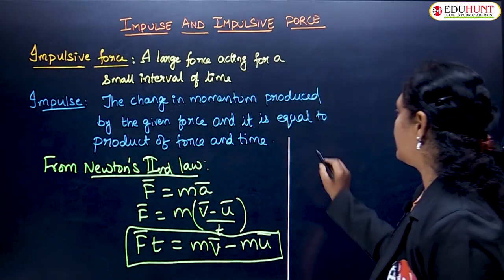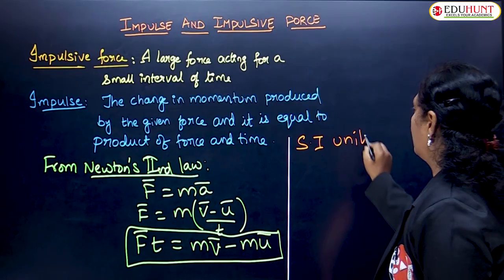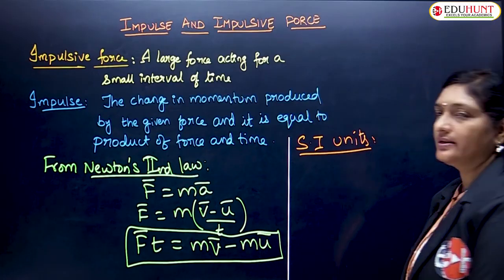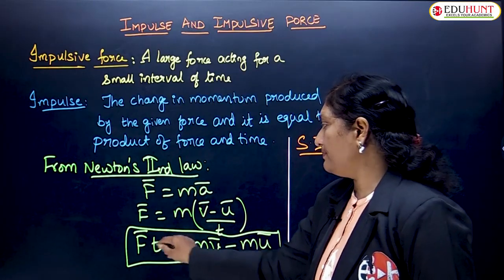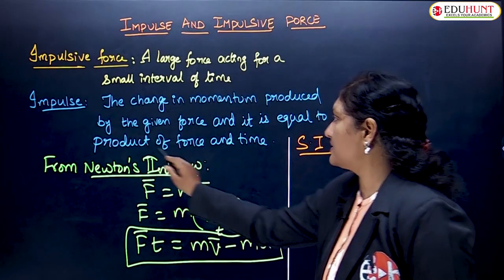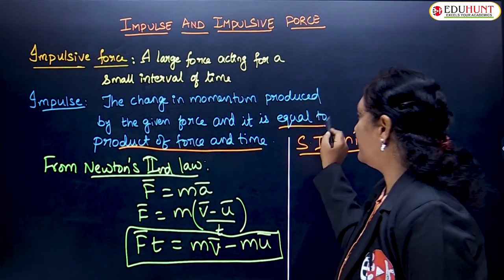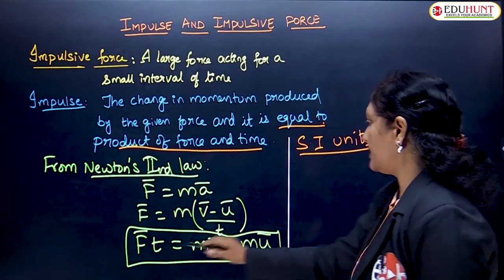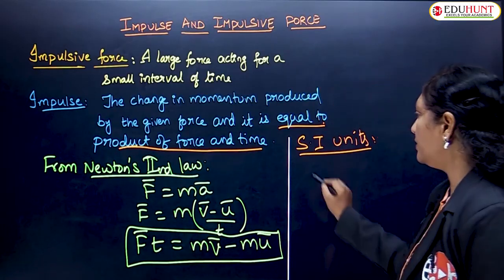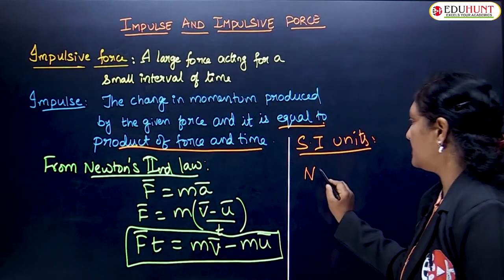Now let us discuss the SI units of impulse. First of all, impulse is nothing but the product of force and time. So the SI unit of force is Newton, and time is measured in second.